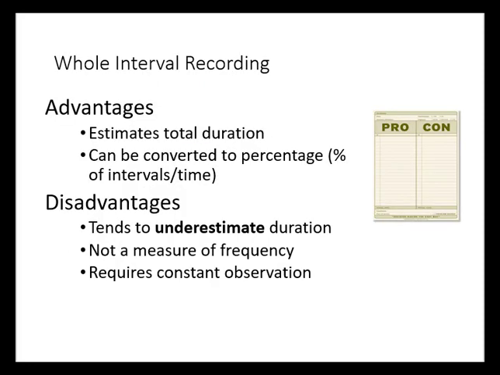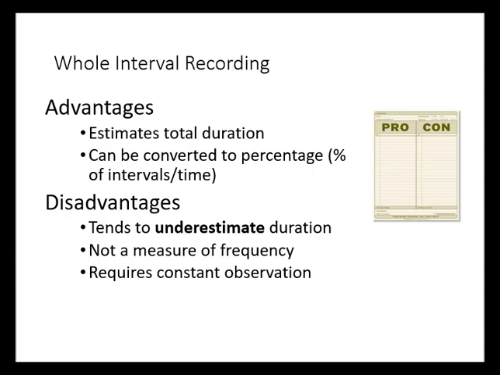The advantages of whole interval recording are that it can be used to make estimates of behavior that occur continuously. It can also be converted to a percentage, 10% of intervals, 25% of intervals, 100% of intervals, etc., which are very interpretable. The challenges are that it tends to underestimate the overall occurrence of responding, especially when behaviors last a relatively short amount of time in relation to the interval length.